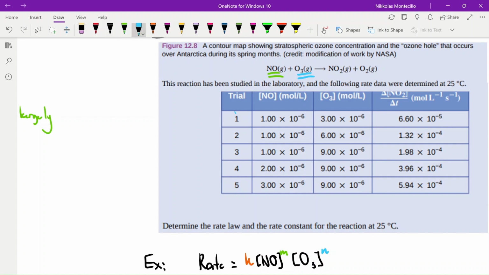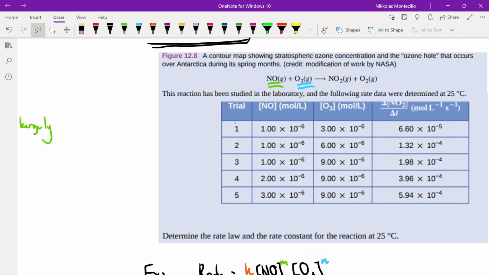So this is what the rate law would look like, generally speaking, without information on k or the reaction orders m and n.